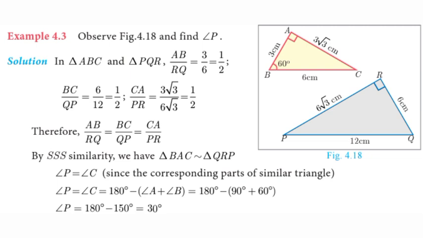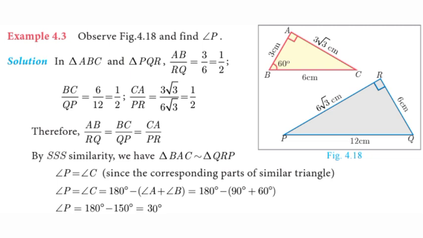Therefore, AB divided by RQ equals BC divided by QP equals CA divided by PR equals 1 by 2. Therefore, corresponding sides are proportional. By side, 3 sides are 1 by 2 means that is side similarity. We have triangle BAC is similar to triangle QRP.